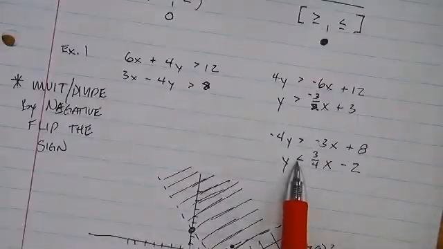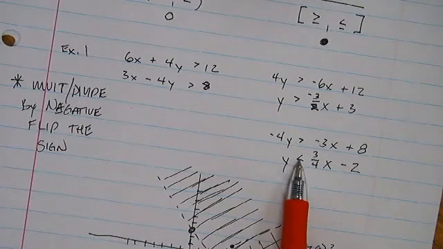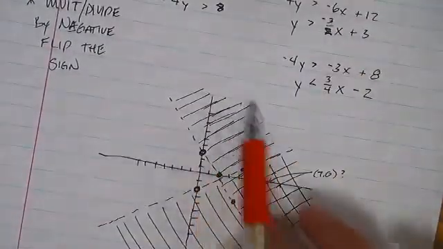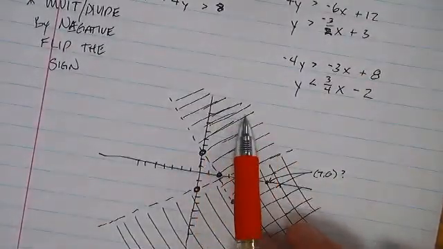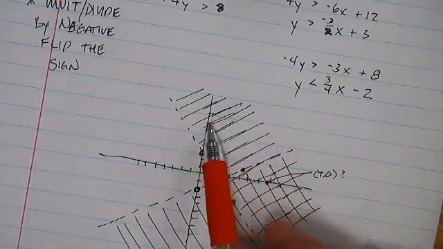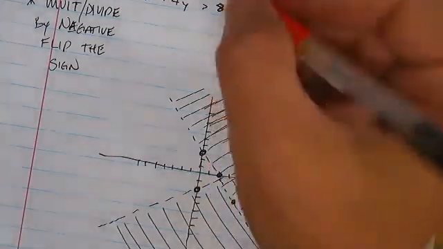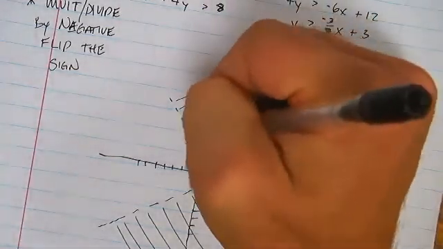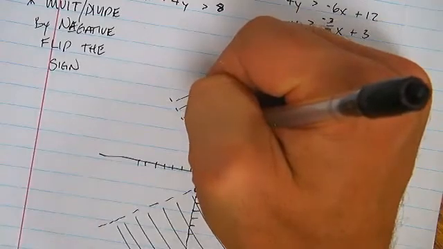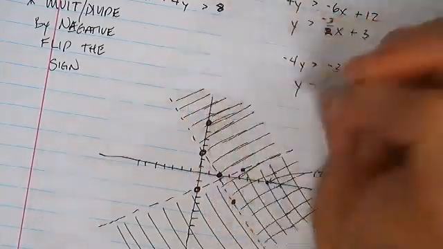So if for whatever reason we had forgotten to switch this symbol, we would have shaded the top, which would have left this region as my overlapping region. And so then I still pick a point in that region. In that case, I could have picked 0, 7, which is this point right here, nice and safely in there.